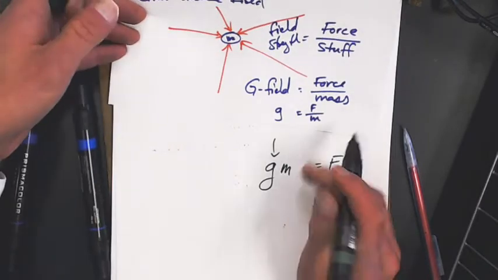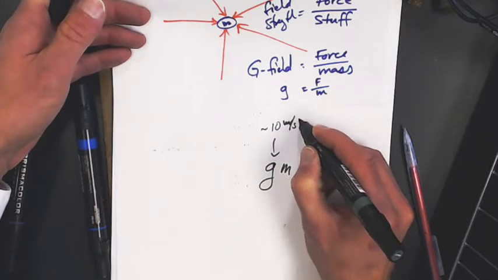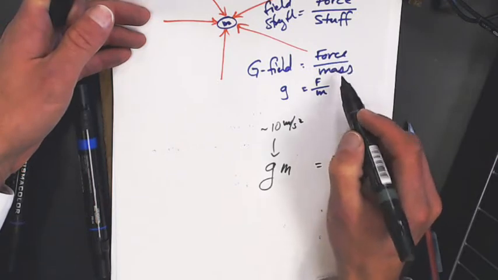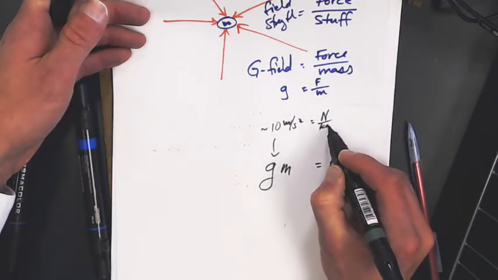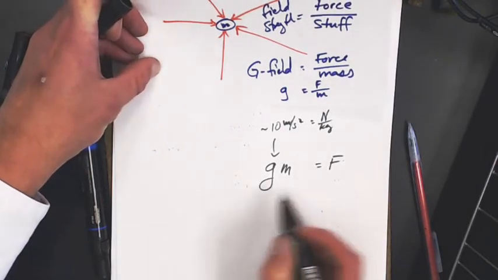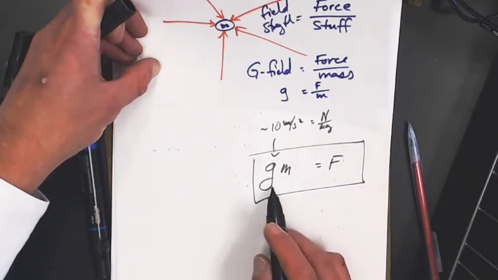That's on Earth, and it rounds out to about 10 meters per second squared. But wait a second, it needs to be force per mass. That's exactly the same as newtons per kilogram. So lowercase g is exactly the same as a gravitational field. So now I can call this my gravitational field strength, G.